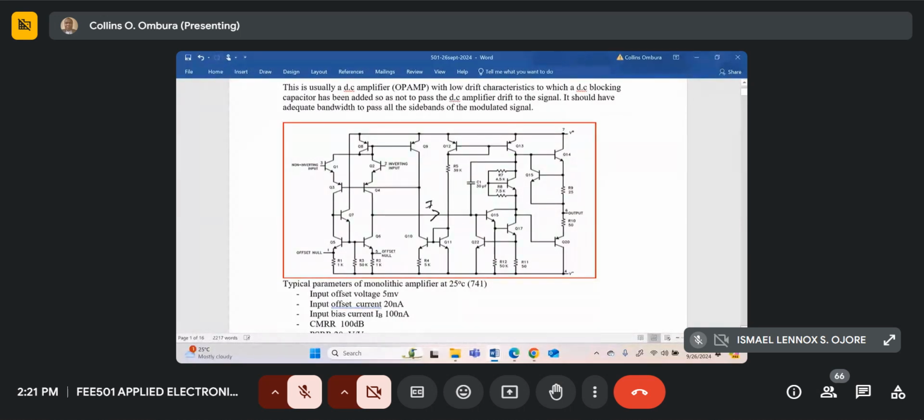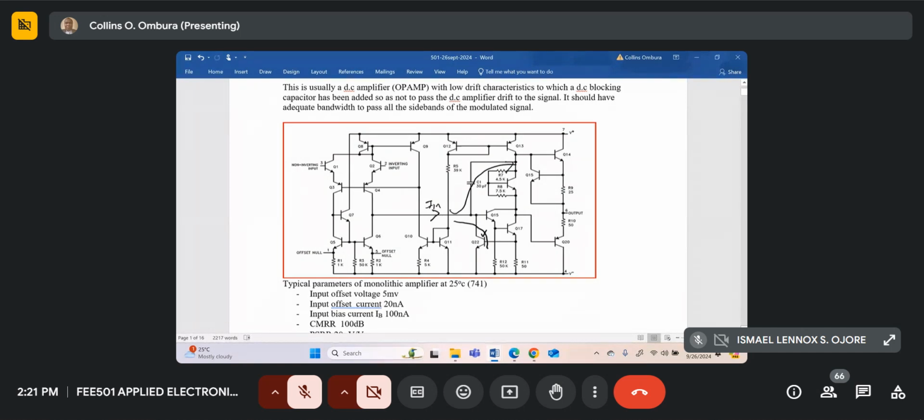Let's call it IN. Then this current is supposed to be driving Q5 and Q6. But as the frequency increases, the current can actually pass through this capacitor, C1.